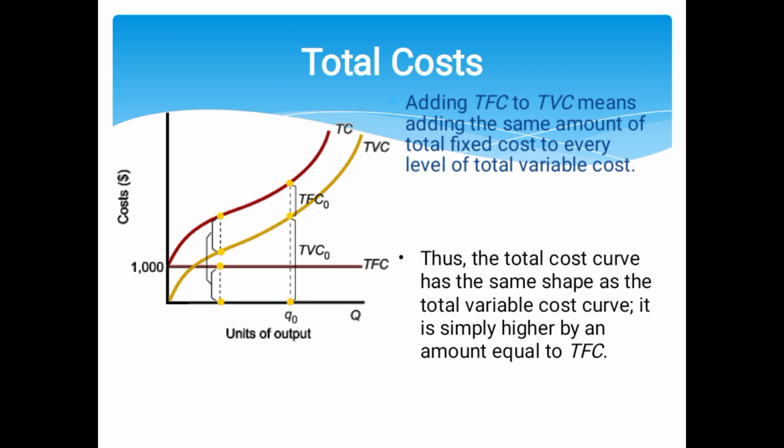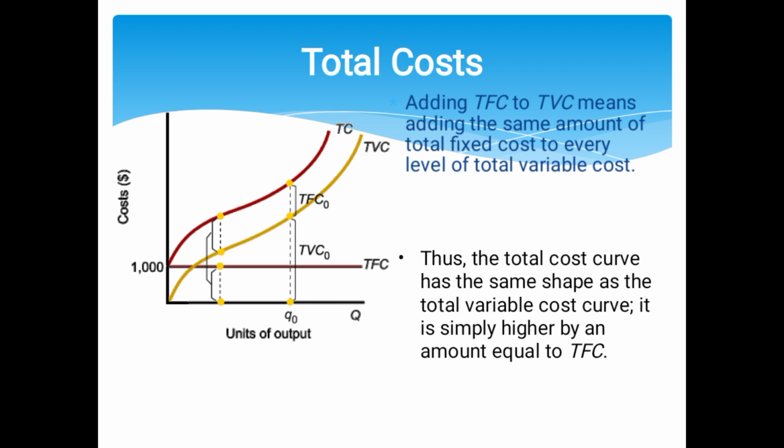Adding TFC to TVC means adding the same amount of total fixed cost to every level of total variable cost. TFC, total fixed cost; TVC, total variable cost. So as you can see, the total cost curve has the same shape, parehas sila shape, as the total variable cost curve, it is simply higher by an amount equal to TFC.